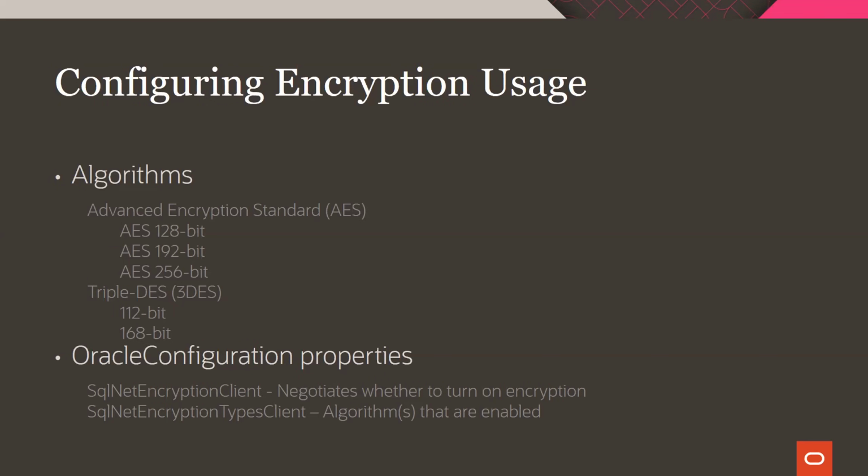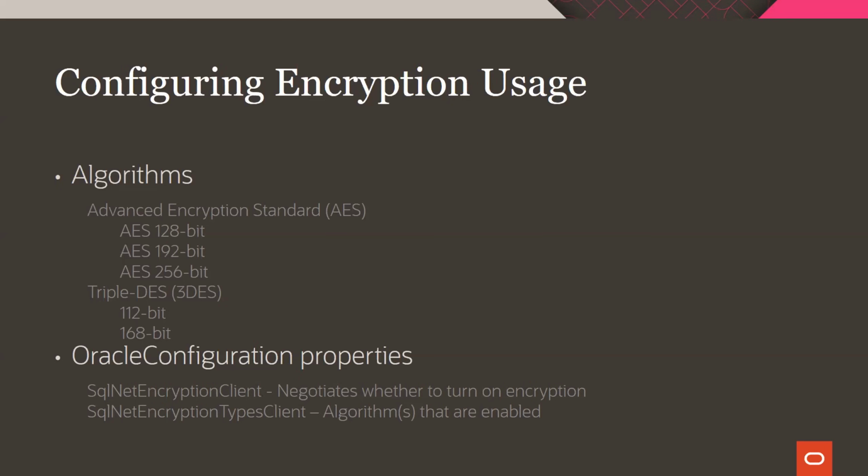And then accepted and requested. Accepted says, I will accept anything the server wants. If the server has requested or required status for the encryption, I'll enable encryption and use it. If it doesn't, that's okay, I'll accept that as well. I'm easy, I'm loose.